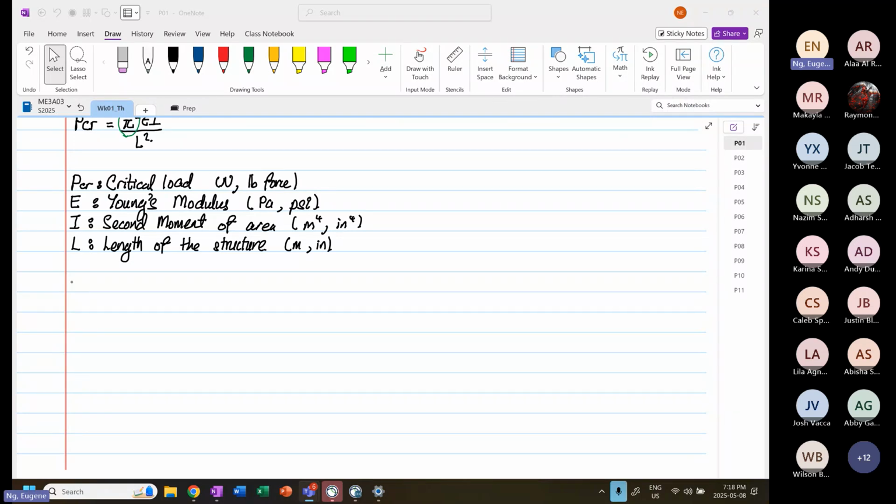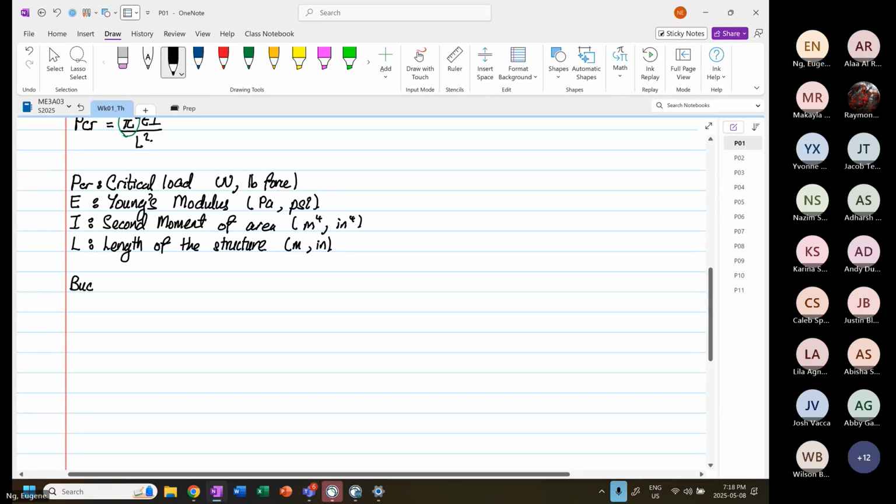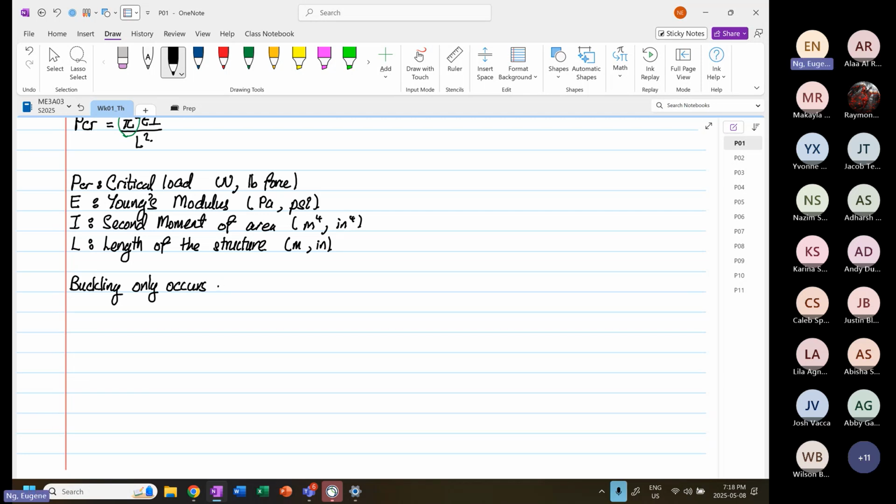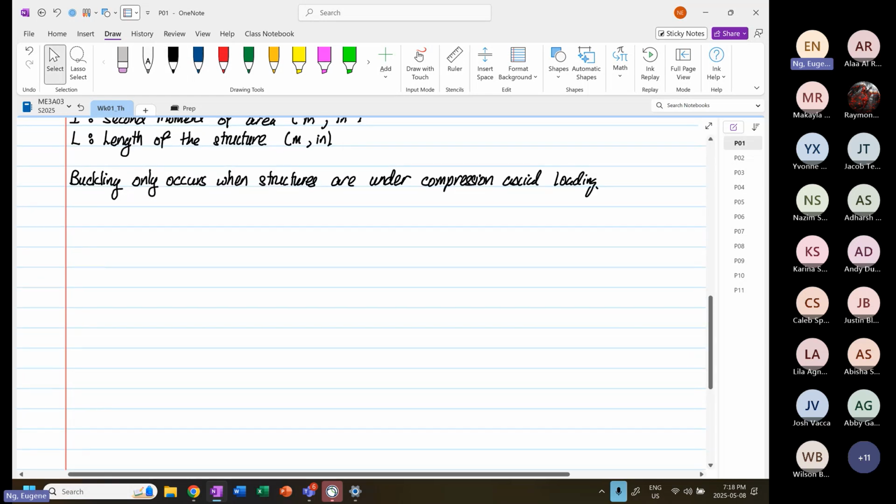So buckling only occurs when structures are under compression, axial loading. Okay. So what do I mean by that?